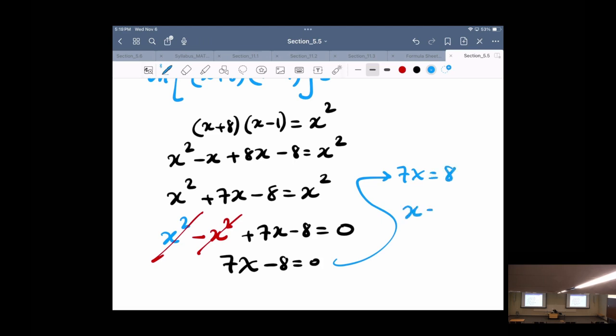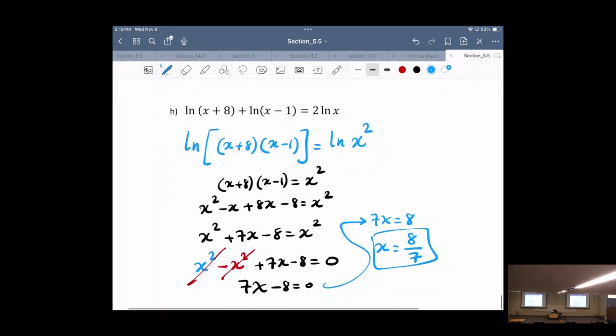And finally, x equals 8 over 7. So it's a positive number, and it does not violate the law that log or natural log of a negative number is undefined. So we don't have to worry about that. It's a positive value. Okay?